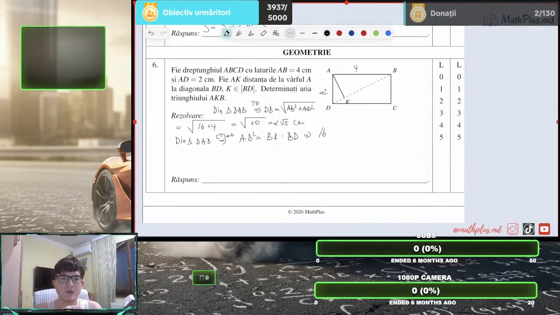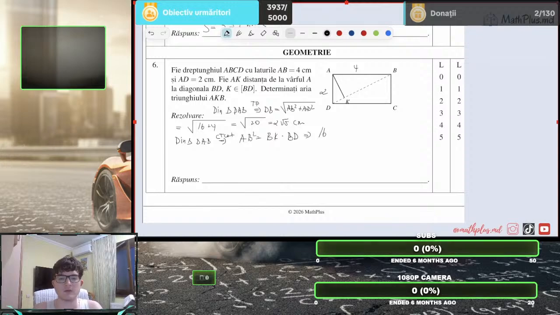So I guess I can watch it till the end of this video. I don't need to skip it, because otherwise it's way too advanced and I need to focus on lower mid-range exercises. AB to the second power right here is going to be 16, equal to BK times BD. Well, we know BD, so we just need to find BK from here.